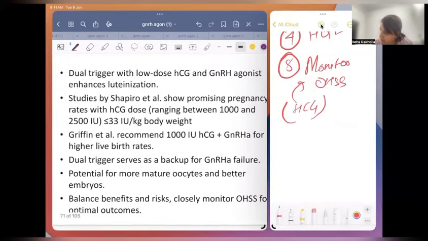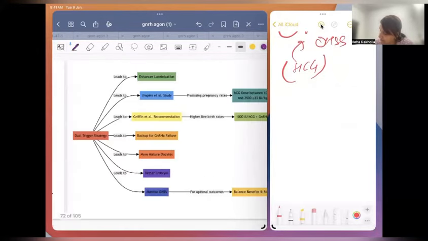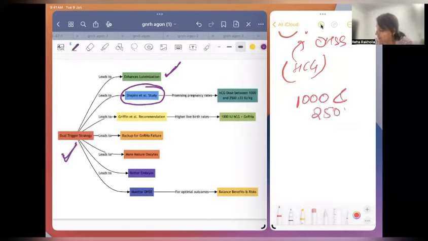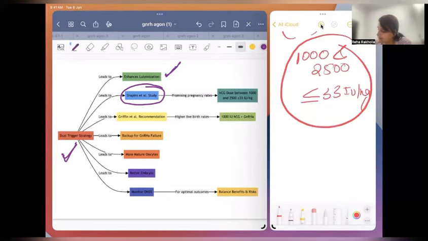Okay, your dual trigger. Now, there was a study. What will dual trigger do? It will enhance luteinization. According to Shapiro et al., HCG doses between 1000 and 2500 international units when BMI is less than 33 per kg give promising pregnancy rates.